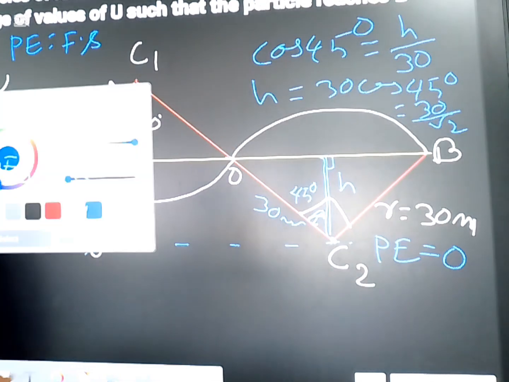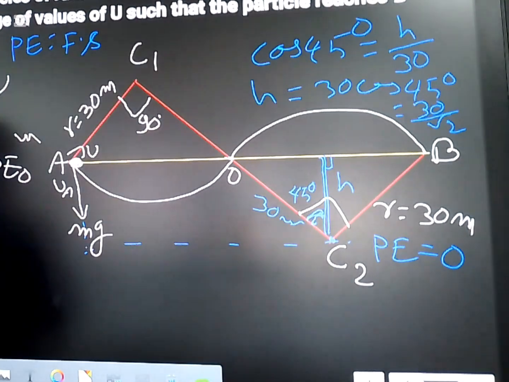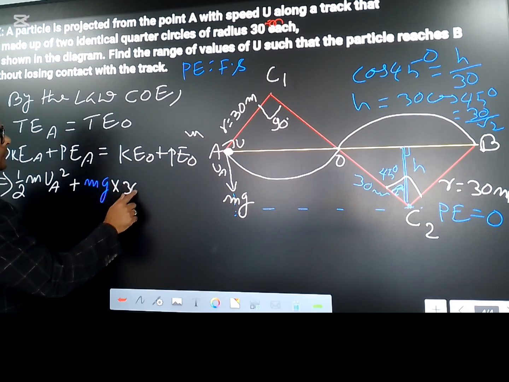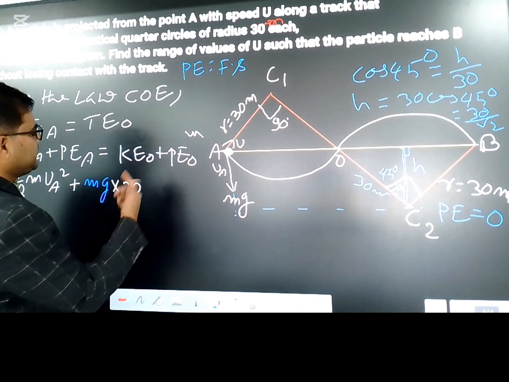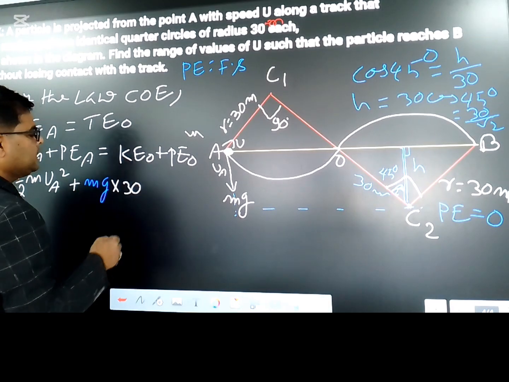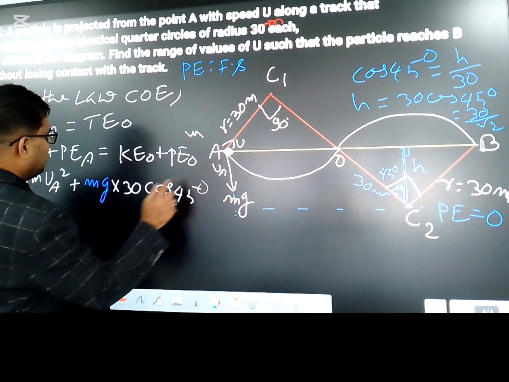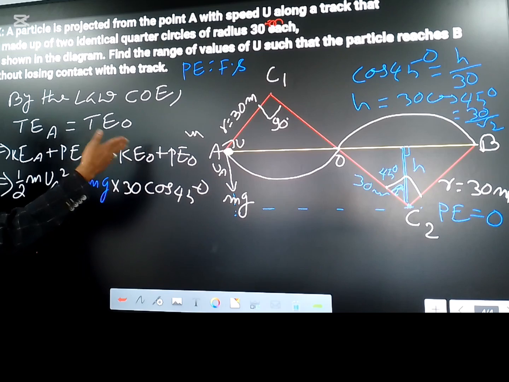Let's go back now. Yes, mg, and the height is now 30 by root 2, or we can write 30 cos 45 degrees as you like. So this is 30 cos 45 degrees. Now at this point we are on the other side.